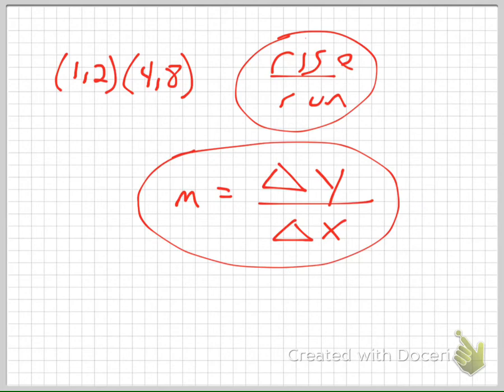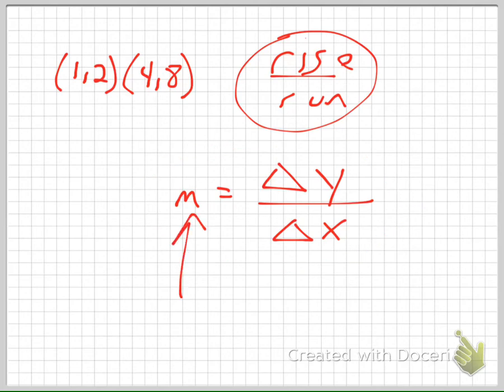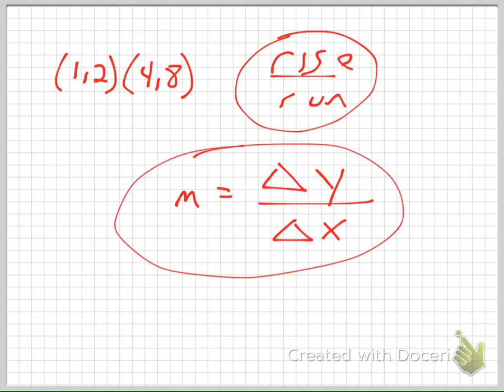This reads, the slope is the change in y over the change in x. The triangle in math means change. Did you all write down m equals triangle y over triangle x?